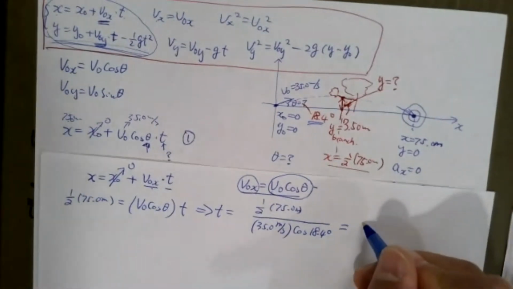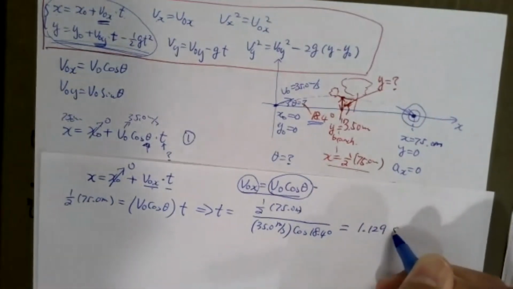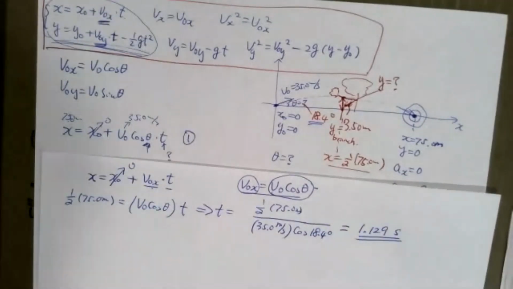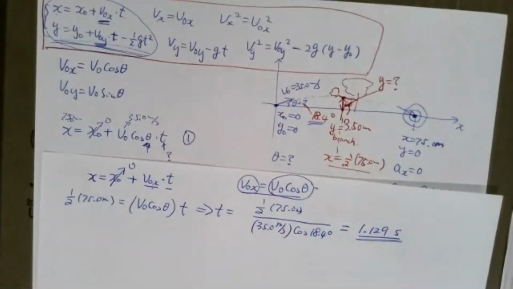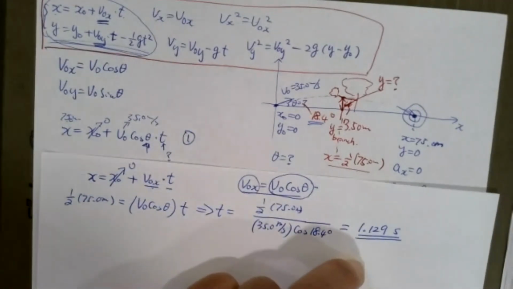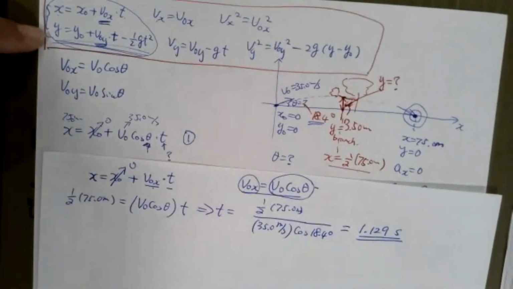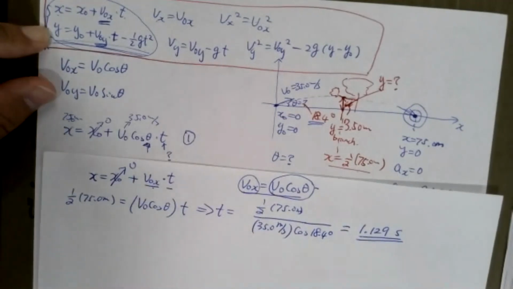It gives you 1.129 roughly. That's the time it takes to reach the halfway point of the flight. Once you have that t, you can take t into this equation, and that will give you the y that you are looking for.